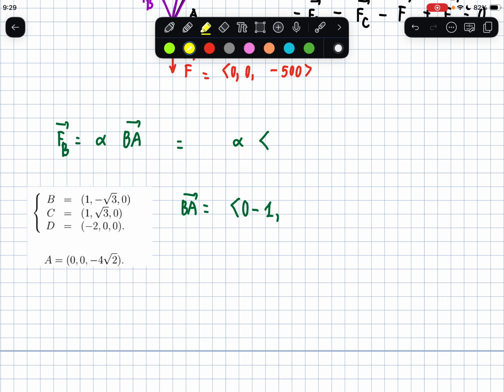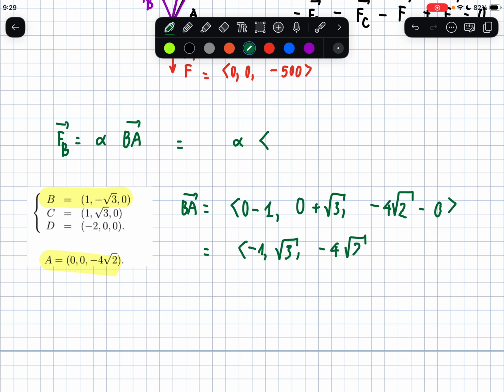We are talking about A, B here. So BA is minus 1, root 3, and minus 4 root 2.